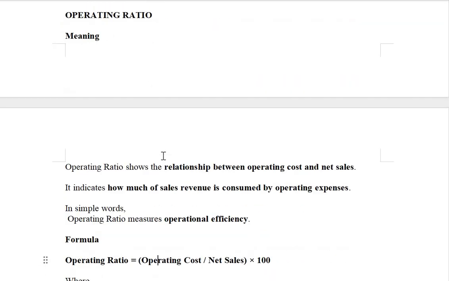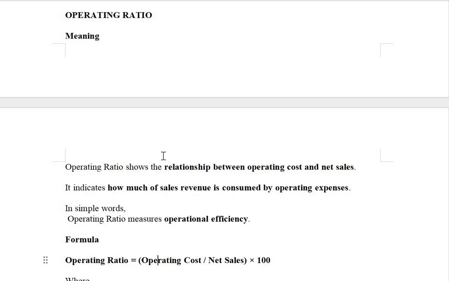The operating ratio shows the relationship between the operating expenses and the net sales. This ratio indicates how much of the sales revenue is consumed by operating expenses. Operating expenses are nothing but the day-to-day expenses incurred for running our business. These expenses have to be controlled to show the efficiency of our business.